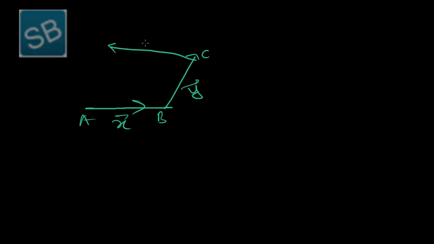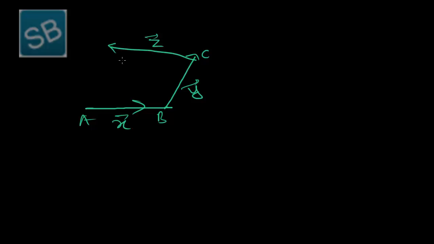Now again consider the figure. This is AB with vector x and this is BC with vector y and this is CD with vector z.